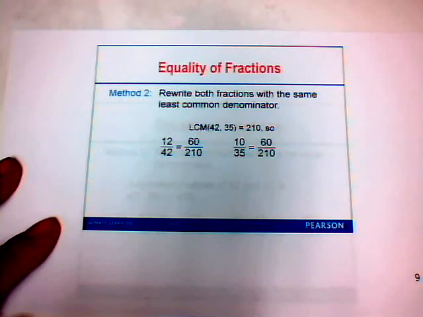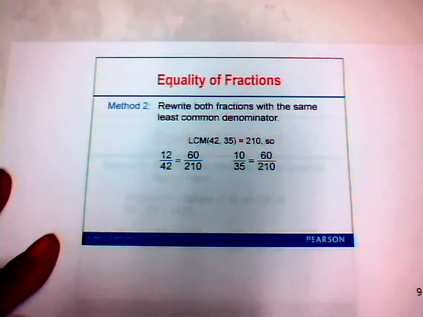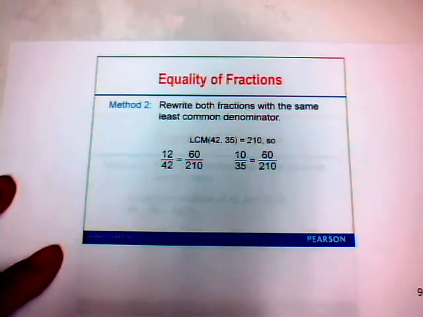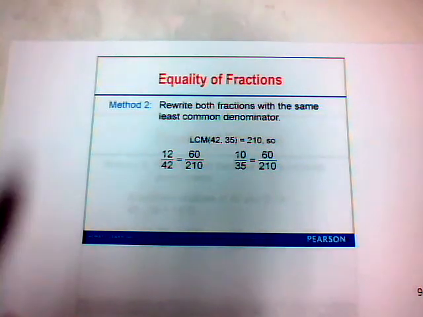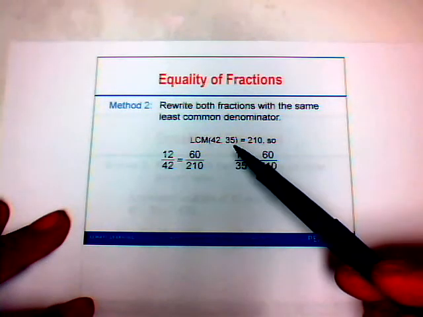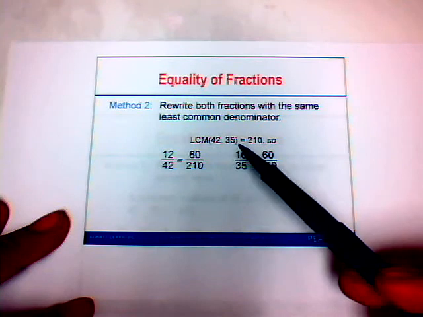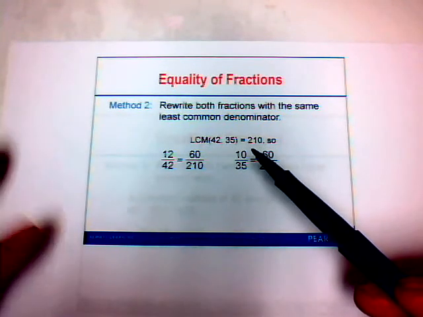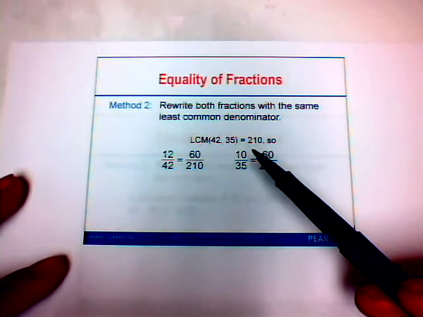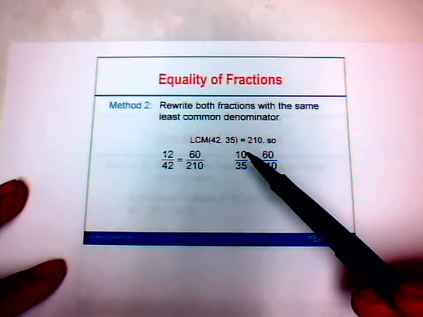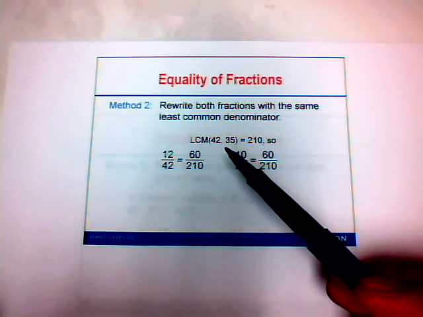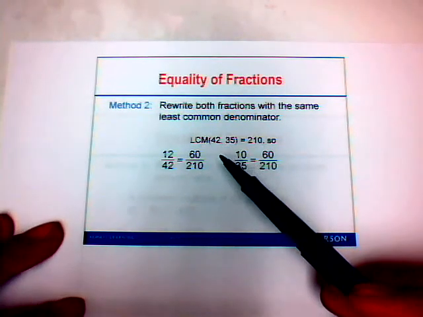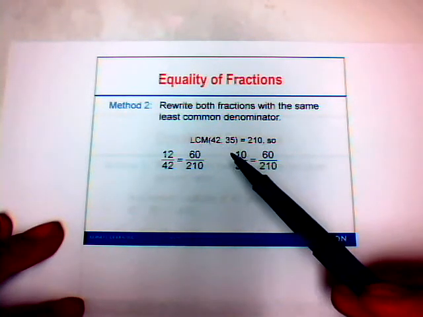Here's the second method. You can use the least common denominator to rewrite both fractions. In this case, for 42 and 35, the least common multiple is 210. If you're not familiar with finding the least common multiple, I created a video that goes through how to find it for two numbers.